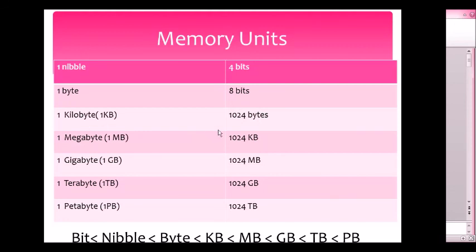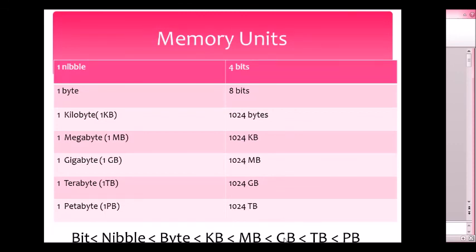So see, this is the order. Bit is the smallest one, nibble is the next one, which is 4 bits, and next is byte, which is 8 bits, and next is KB, which is 1024 bytes. See, just the previous one. Next, MB means 1024 KB.